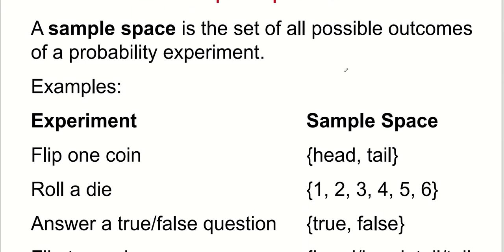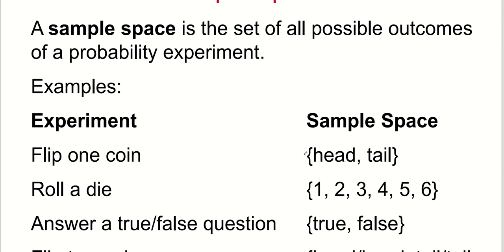A very important concept is that of the sample space. A sample space is the set of all possible outcomes of a probability experiment. For example, if we flip a coin 1 time, the different outcomes that we could observe would be either a head or a tail, so our sample space is head and tail.